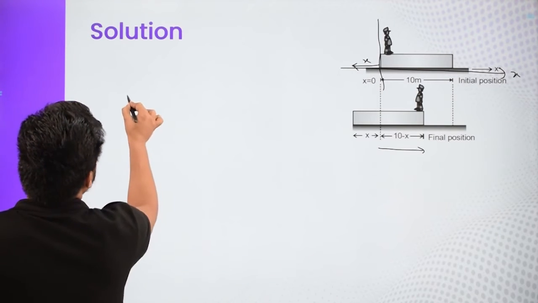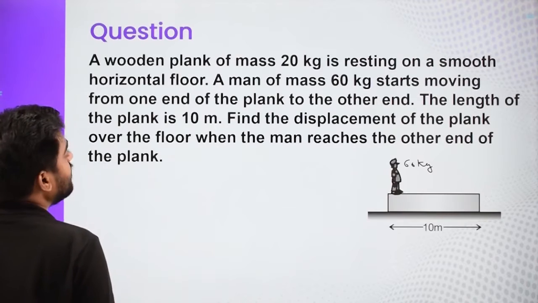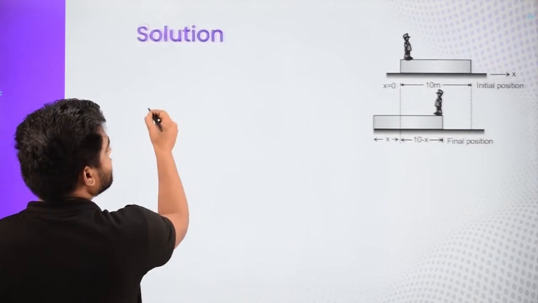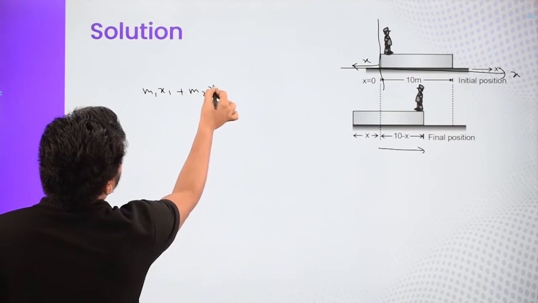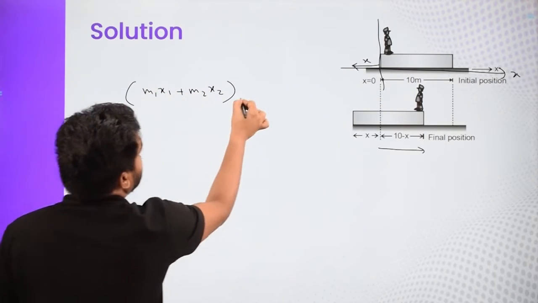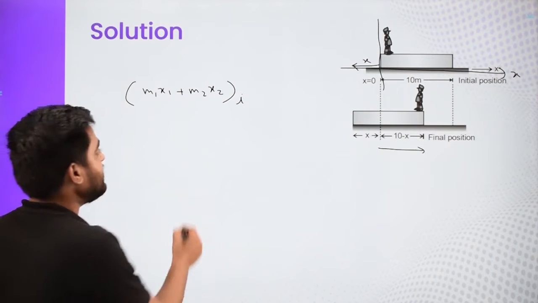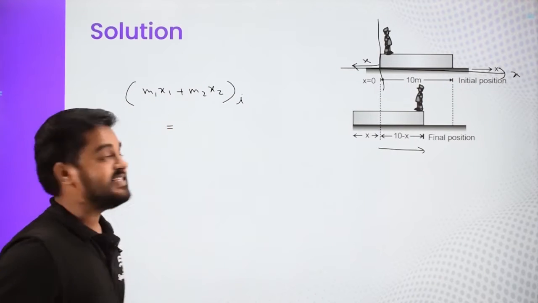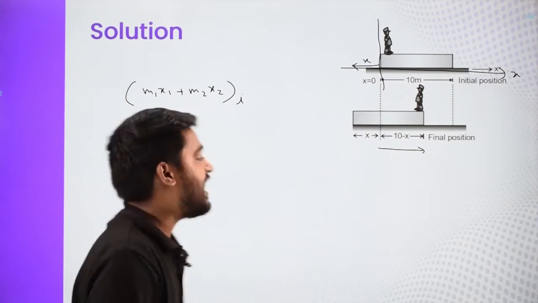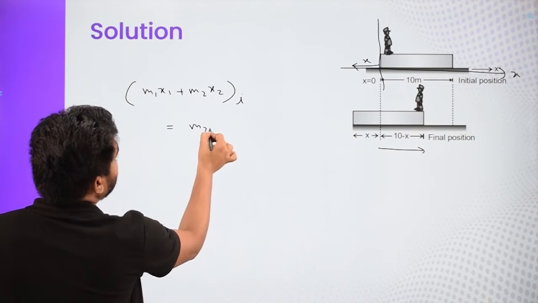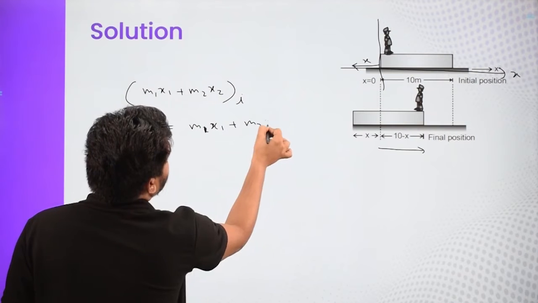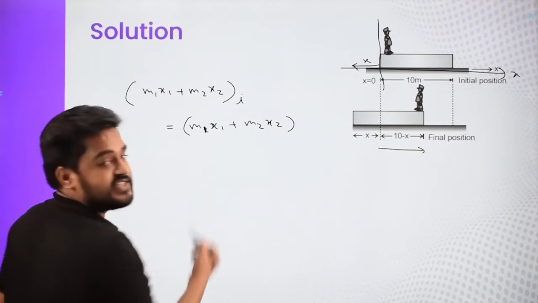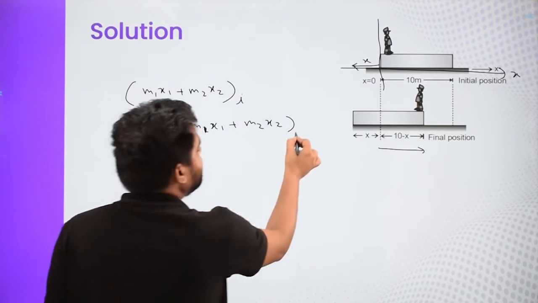I'll write M1 X1 plus M2 X2. Initially, this is our initial situation where M1 is like the person and M2 is like the plank, and it is equal to M1 X1 plus M2 X2, the mass into X coordinate of the particular mass, finally.